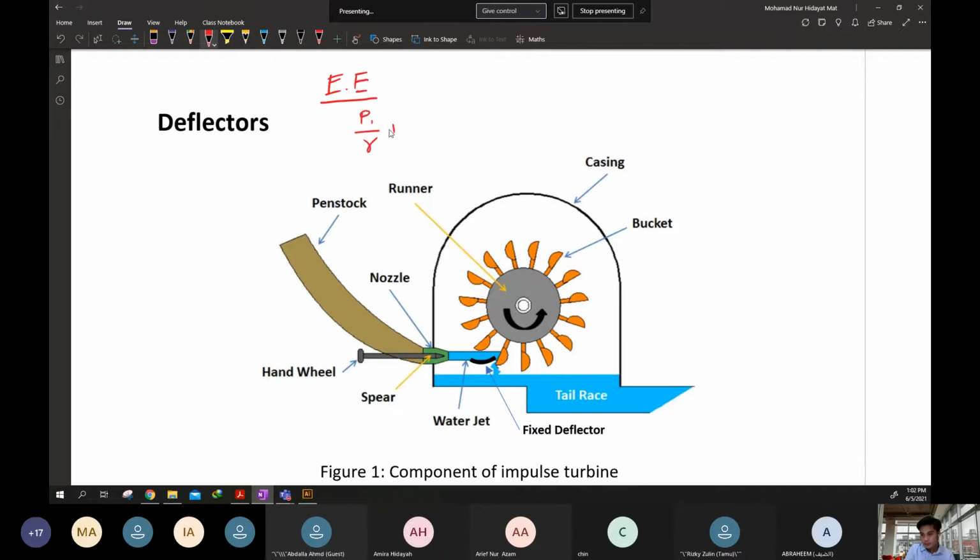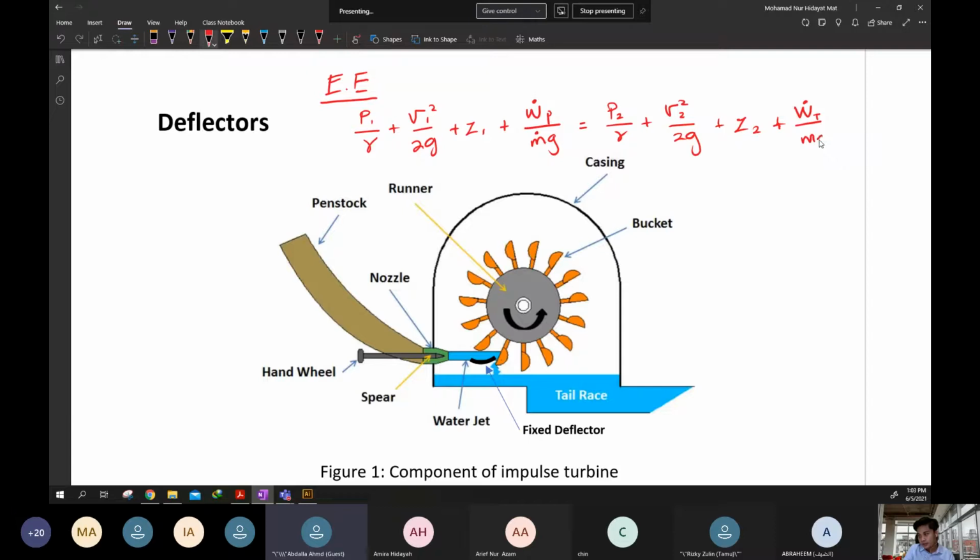P1 over gamma plus V1 squared over 2g plus Z1 plus the work rate of pump over mg equal to P2 over gamma plus V2 squared over 2g plus Z2 plus what the last thing? Work of the turbine over mg. And another more?